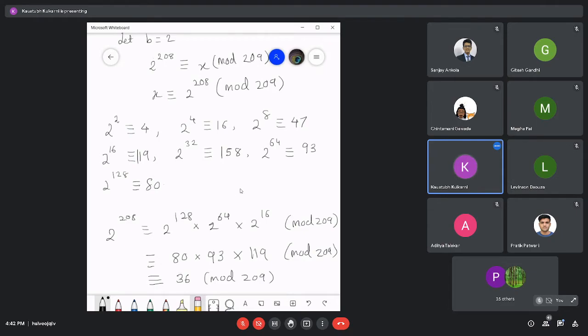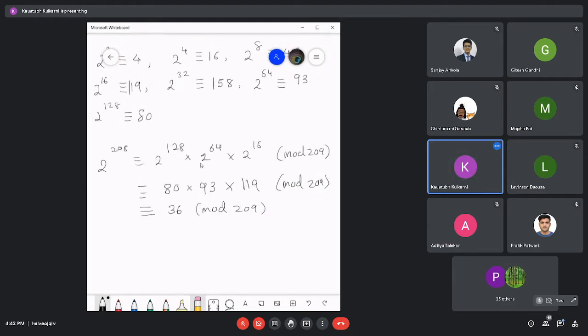But essentially, it is not congruent to 1 modulo 209. Thus 209 is composite.